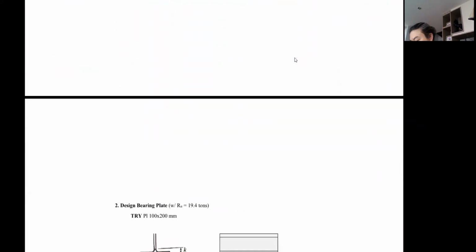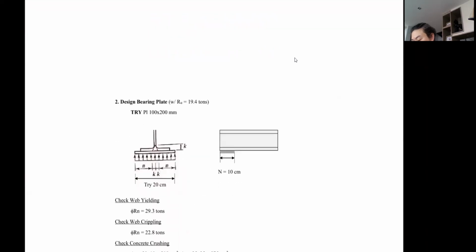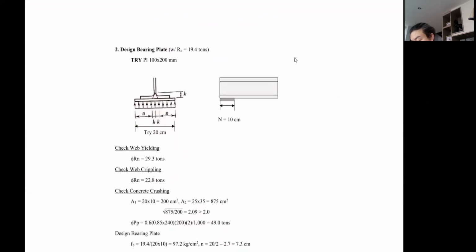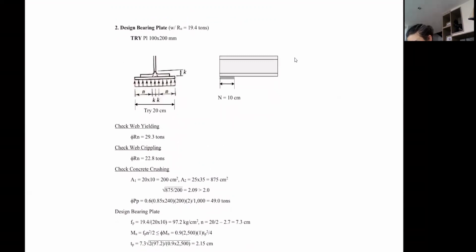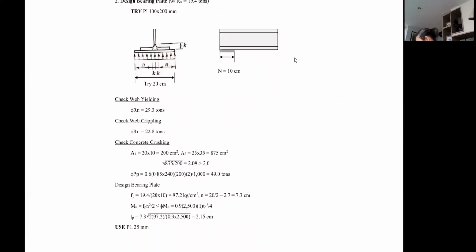Okay, now it's time to design another part. Now I got the number right down there, so let me show you the calculation. Right here is where your base plate is, and your load is going to be at a distance of 5 centimeter.